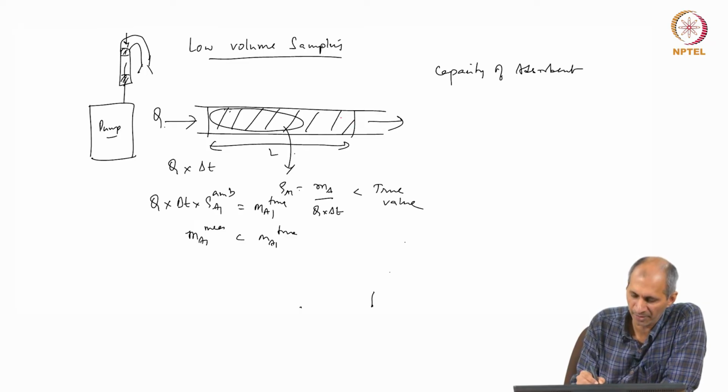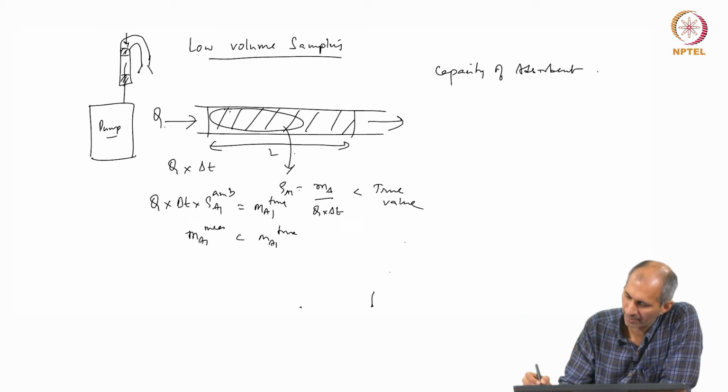When the entire thing is at equilibrium with what's coming in, which means it has reached capacity, it will not adsorb anymore, it will just go through. So the capacity is exceeded. This is one reason why.